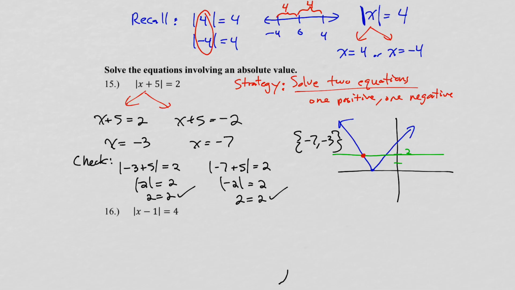And so you have two answers, two intersections. You can verify this on the graph. So this right here is -7, and this right here is -3. Those two locations. So this is why we're getting two solutions again.